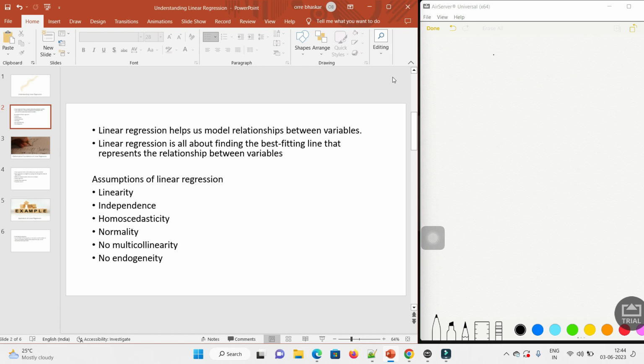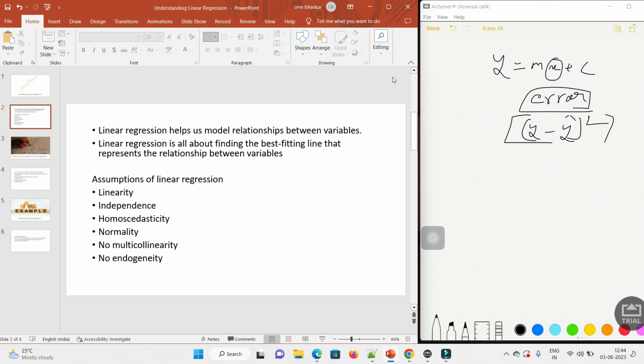That means if you take y equals mx plus c, between the x and the error term, okay, error. So, what is error? Error is nothing but actual minus predicted, y minus y cap, whole square. We will come to it later.